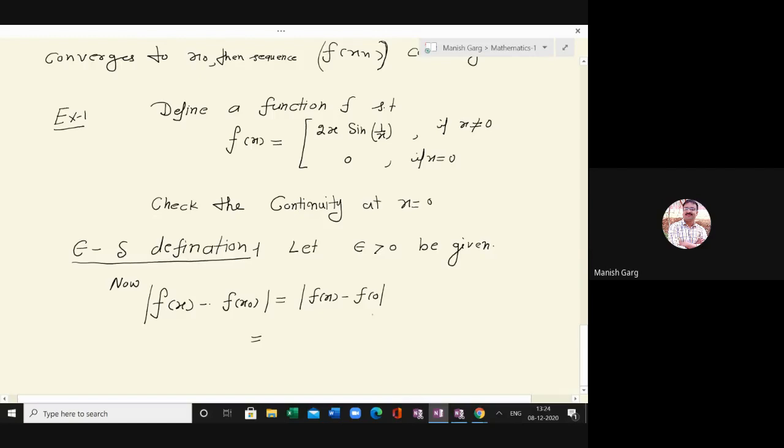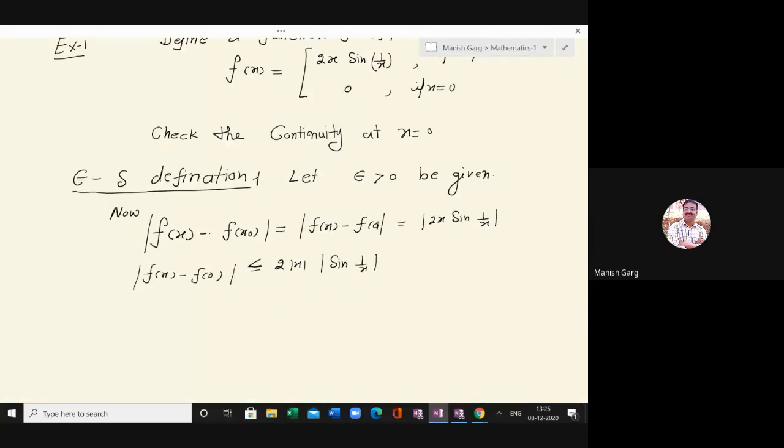You are checking the continuity at 0. So here you can write this is 2x sine 1 by x minus f 0, and f 0 is equal to 0, so this is twice mod x mod sine 1 by x. This is you are calculating f 0.